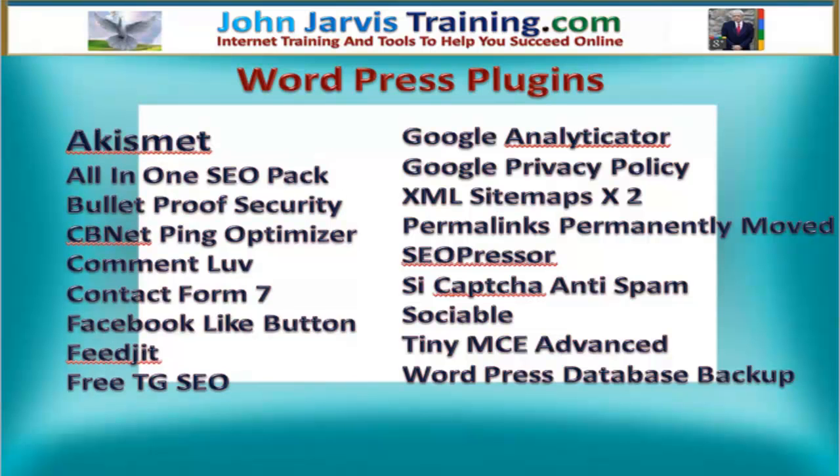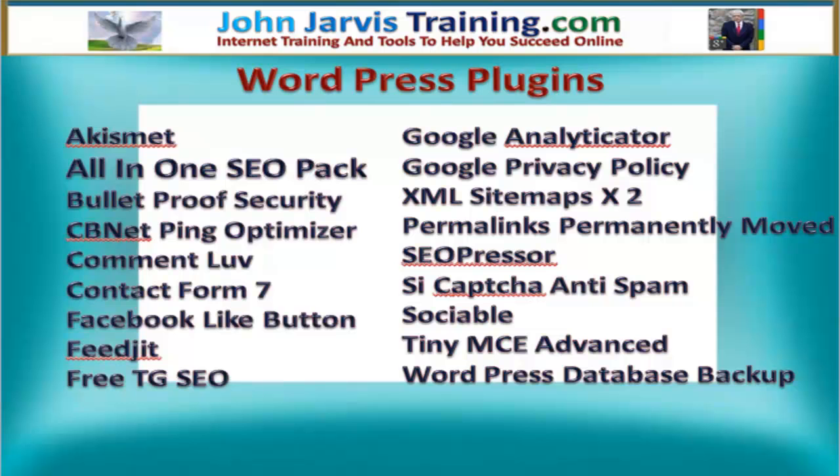First, the Akismet plugin. What this one does is stop comment spam from coming in and destroying the Alexa ranking of your website. And the Alexa ranking is a number assigned to your website that indicates the strength in the search engines. The All in One SEO Pack is a plugin that strengthens our website in the search engines, and it makes this whole thing a lot easier.